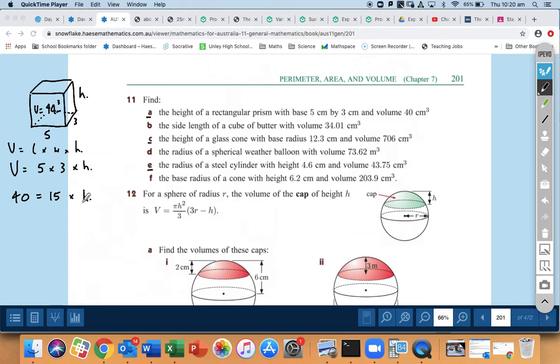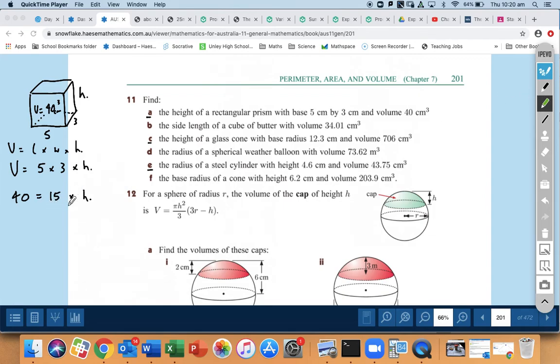So what we're left with here is that 15 times some number has to equal 40, and we're trying to find out what that number would be. 15 times 2 is 30. 15 times 3 is 45. That would be too high. So it's going to be some number between 2 and 3, probably closer to 3.